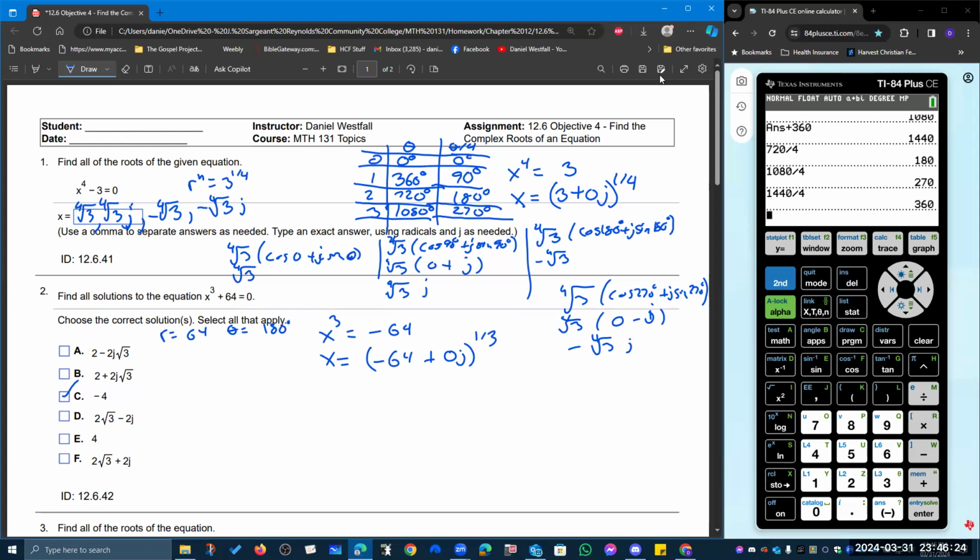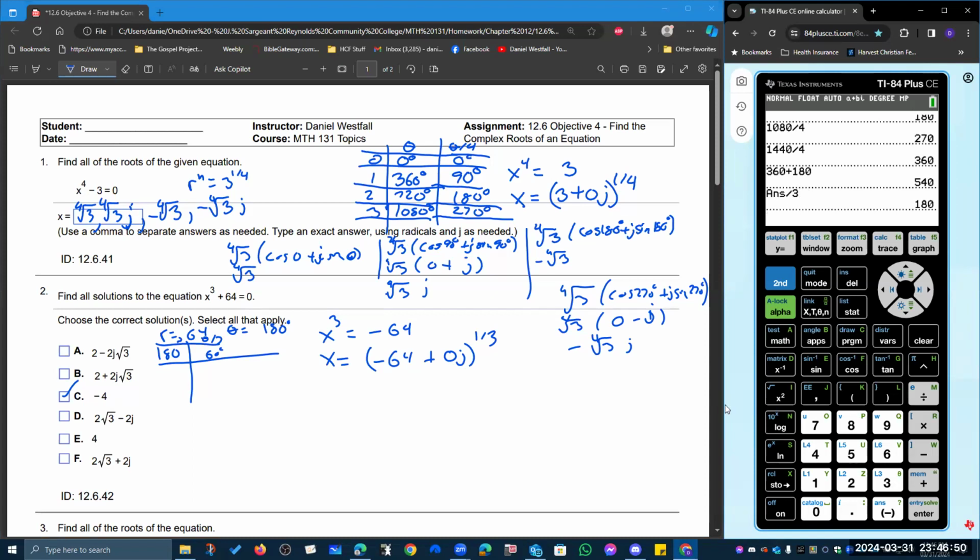Then I'm going to make my chart here. I start off with 180, and then theta over 3 is going to be 60, and I add 360 to 180, and I get 540.